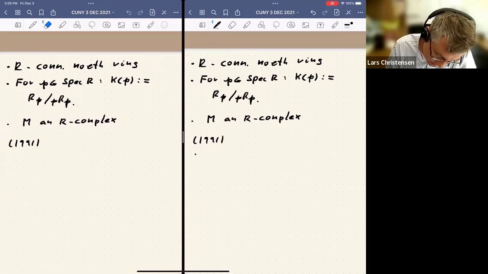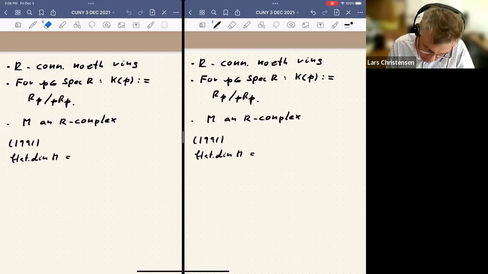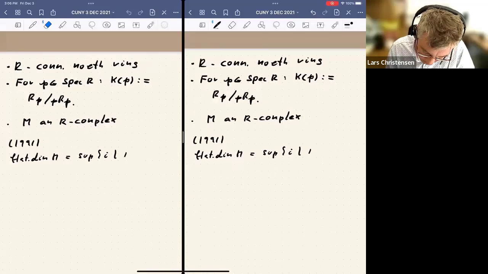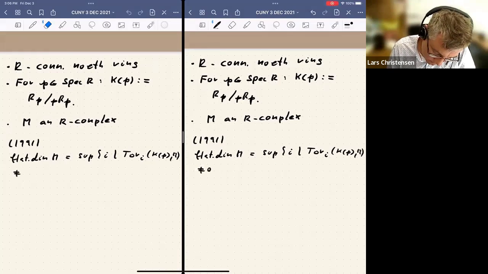It says that the flat dimension of a complex is the supremum over integers i such that Tor i of kappa P and M is non-zero for some prime ideal.